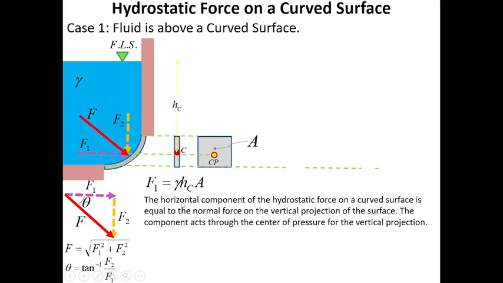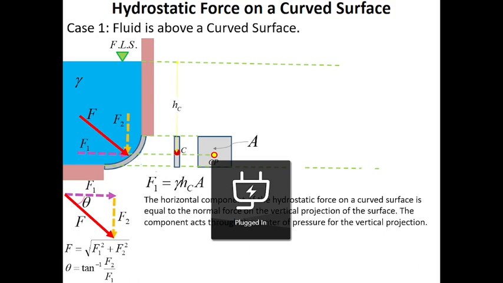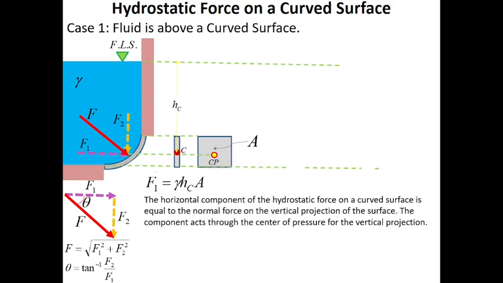So we have here the statement: the horizontal component of the hydrostatic force, that is F1, on a curved surface is equal to the normal force.